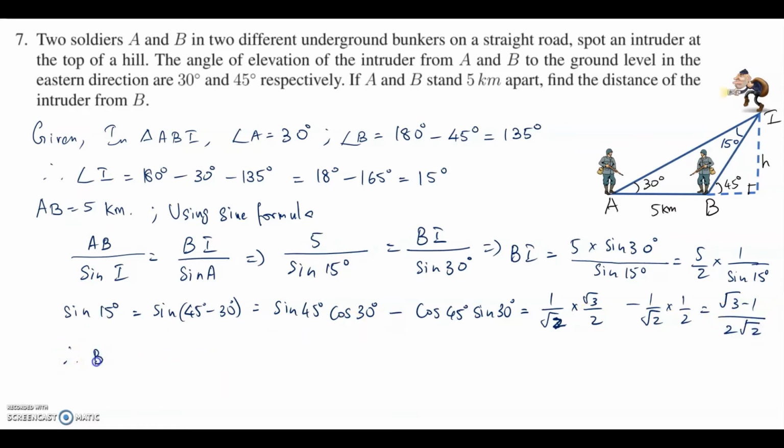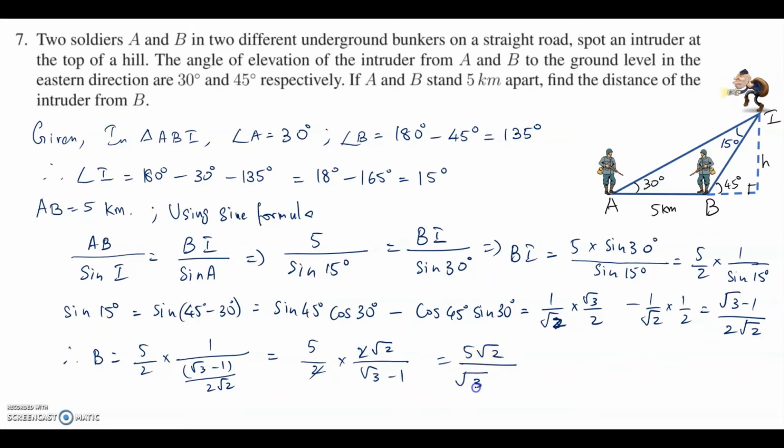Therefore, our BI is equal to 5 by 2 into 1 divided by root 3 minus 1 divided by 2 root 2, which is equal to 5 by 2 into 2 root 2 divided by root 3 minus 1. So 2 and 2 are cancelled. So that is 5 root 2 divided by root 3 minus 1. Since this is BI, it is a length and it is in kilometers.